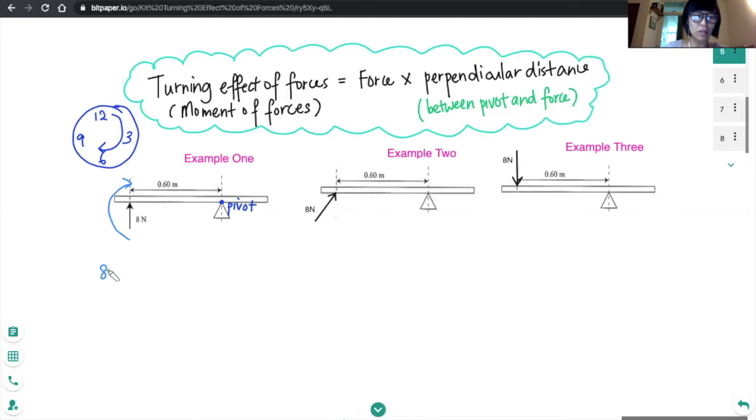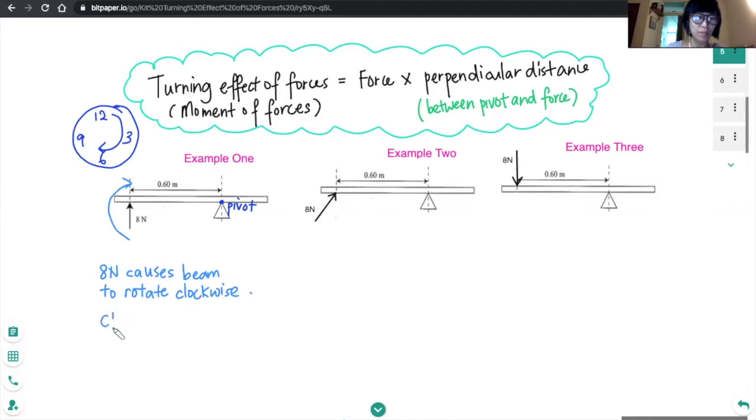So the 8 Newton causes the beam, or the plank, so this is the plank, to rotate clockwise. So therefore, we call it a clockwise moment.